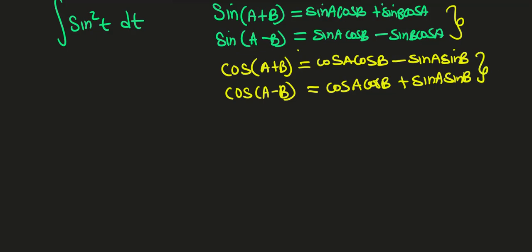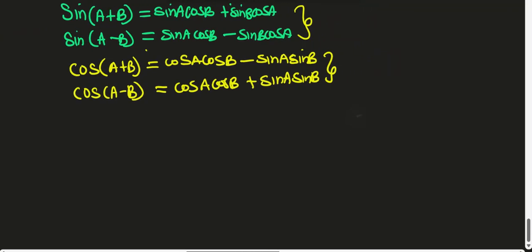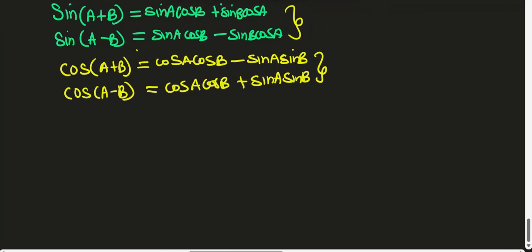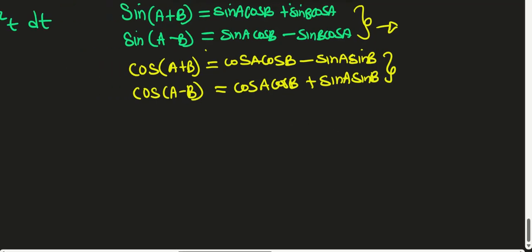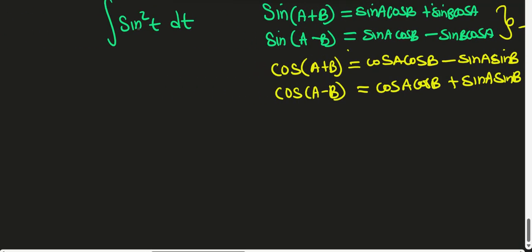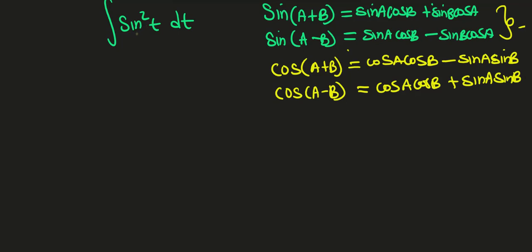Now from these double angle identities, we can create very nice identities that we can always use to simplify any integral, any expression that is similar to sine squared t, or it could be a product of sine and cosine.